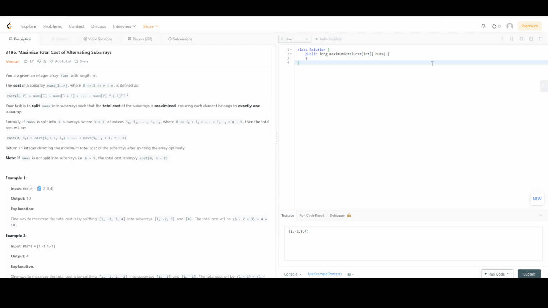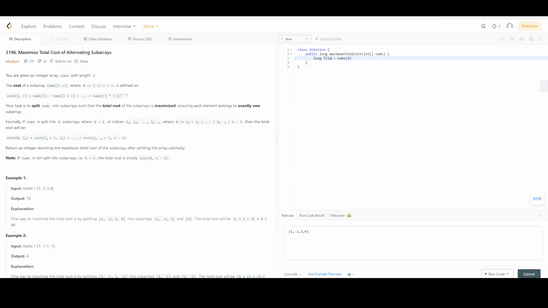So we are going to use the same principle. Let's try to do it here. Because it is a long answer, I am considering flip equal to nums[0].